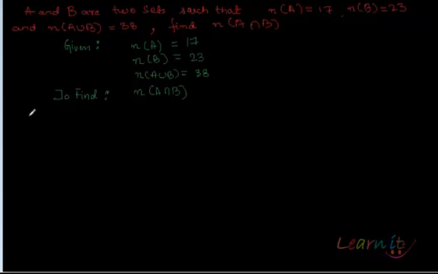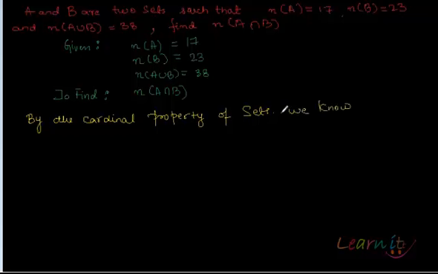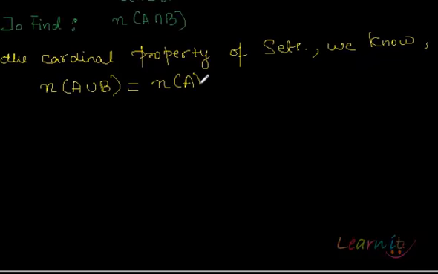How do we proceed in that case? We should know the cardinal property of sets. By the cardinal property of sets, we know n(A union B) equals n(A) plus n(B) minus n(A intersection B).